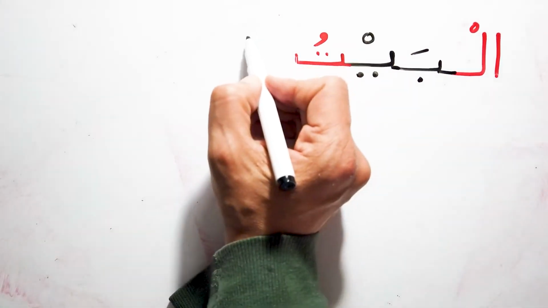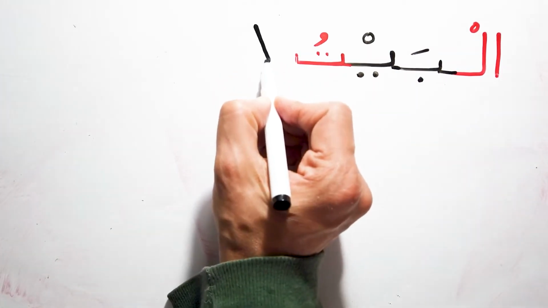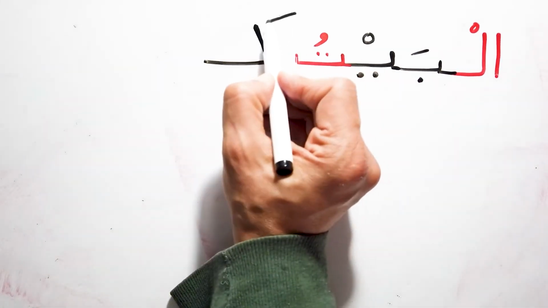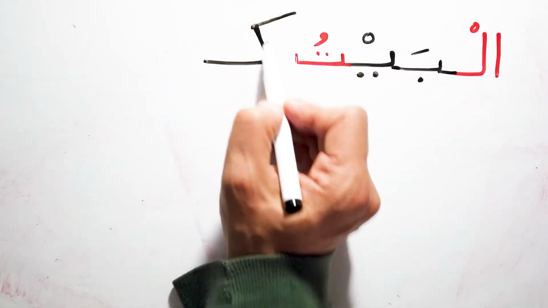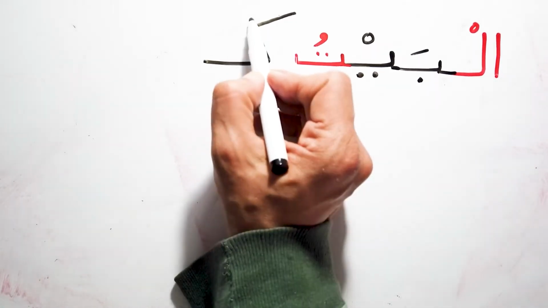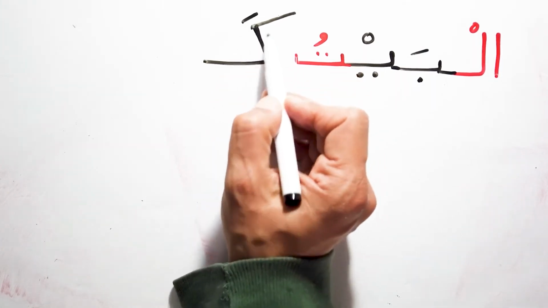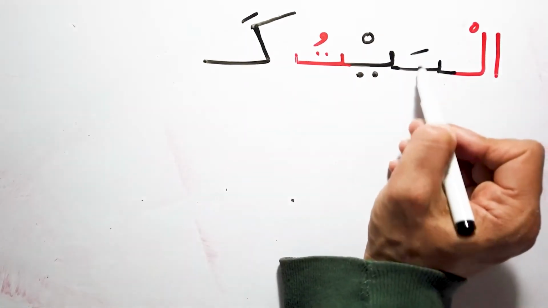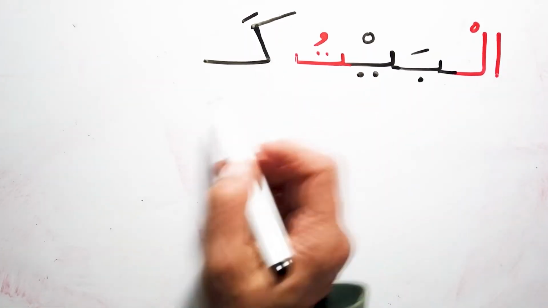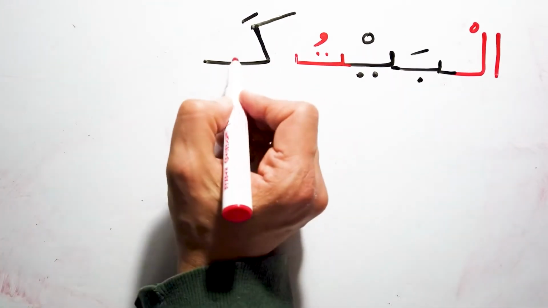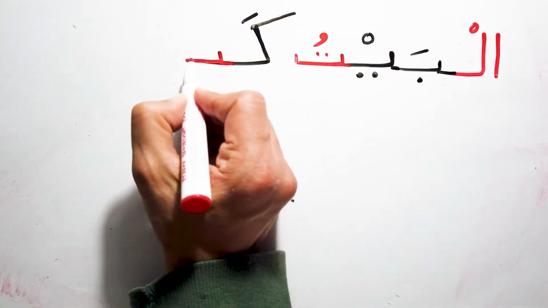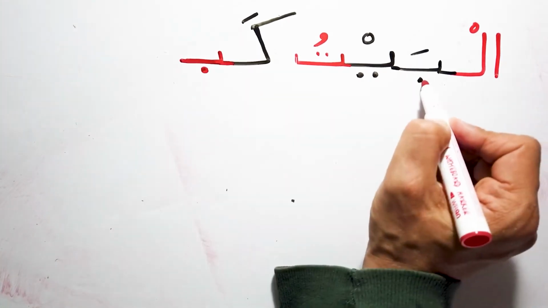Kabirun. So the sound of K in English, right? This letter gives me the sound of K. When I add this mark, it sounds like A. K. Look, ba, K. The sound of B. Like here, it's the same letter.